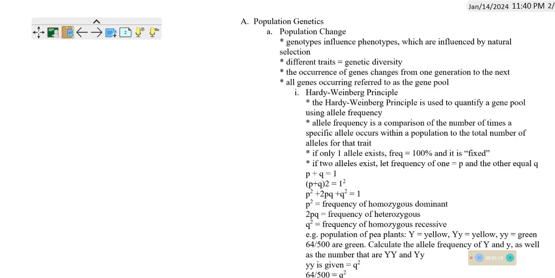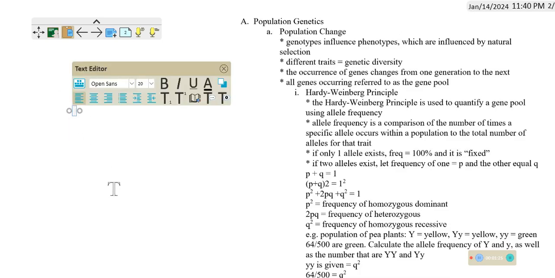So if you want to think back to Mendelian genetics, right? We talked about big Y, meaning yellow, and little y, meaning green, in terms of our pea seeds.